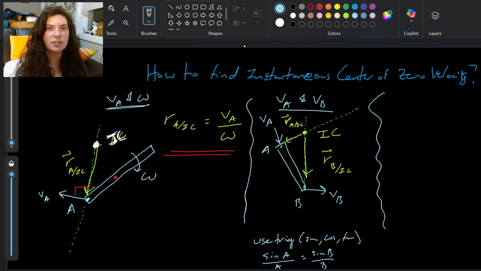And then the last one you may be given is a special case, and you often see it with circles or things that are rolling and translating. Circles tends to be where I see this the most, where you're given VA and VB, but they're parallel to each other.